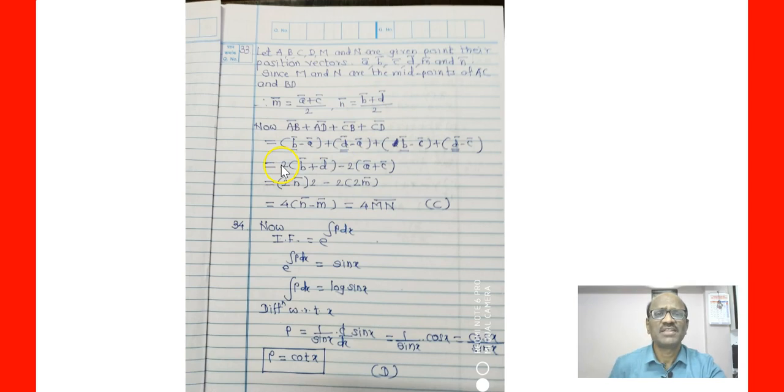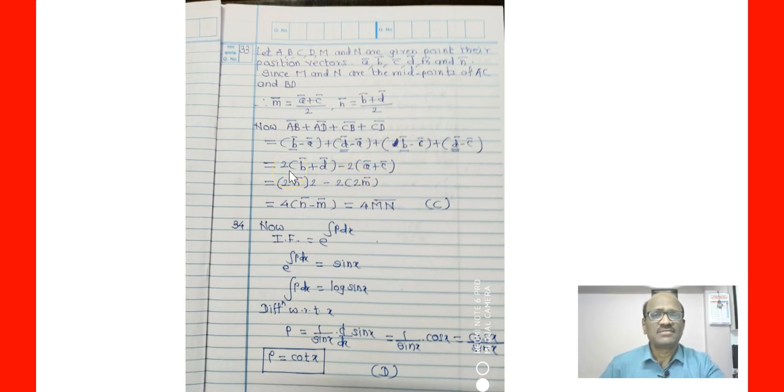But what we have been given is AB bar plus AD bar plus CB bar plus CD bar. Substitute the values. AB bar means B bar minus A bar, AD bar is D bar minus A bar, CB bar is B bar minus C bar, and CD bar is D bar minus C bar.